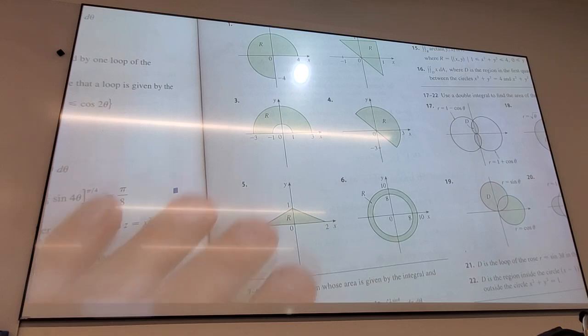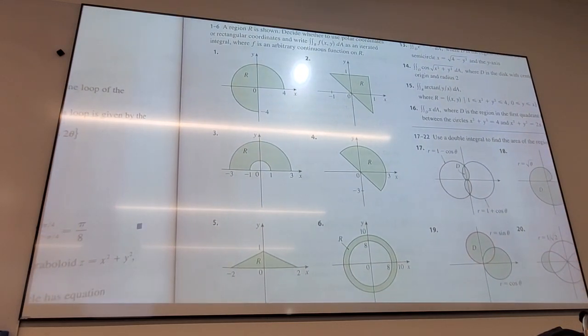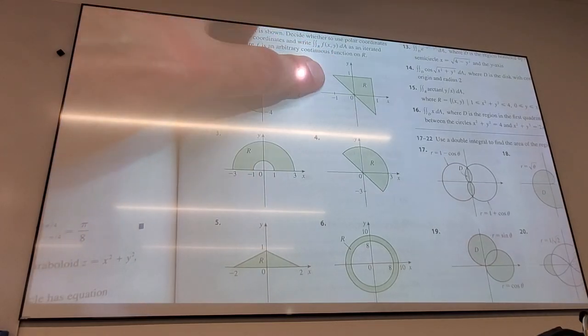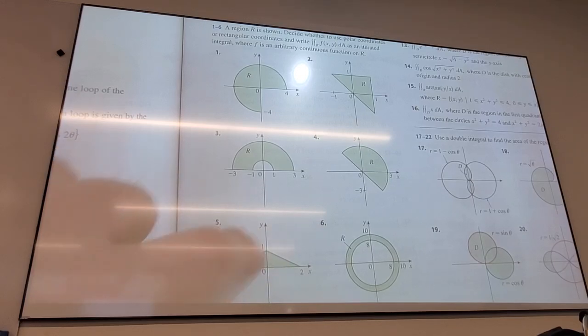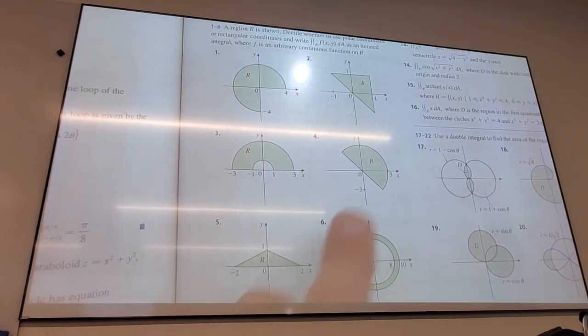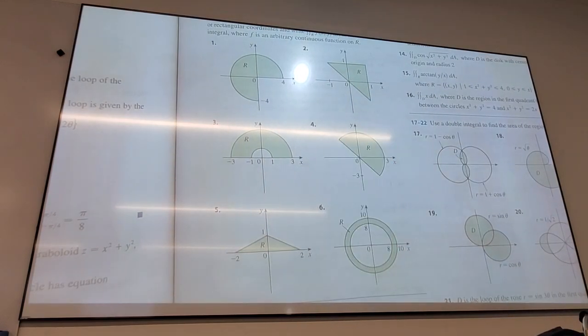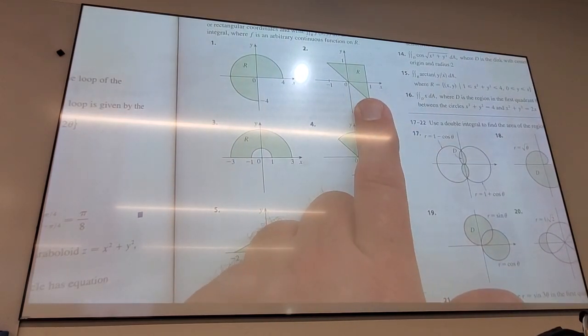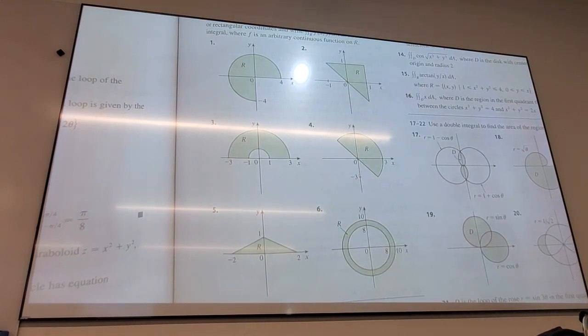Real quick, first level question: which one of these looks like you could use rectangular coordinates pretty well? 2 and 5 look good because they have straight sides. Anything that is a piece of a rectangle, or anything with straight sides, I'm thinking xy coordinates.